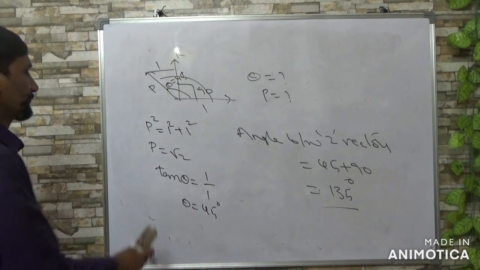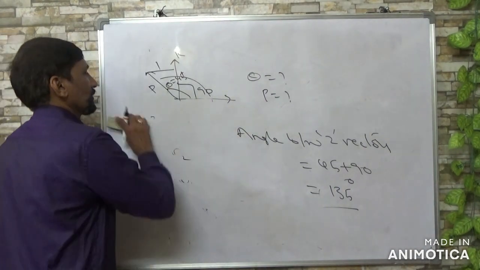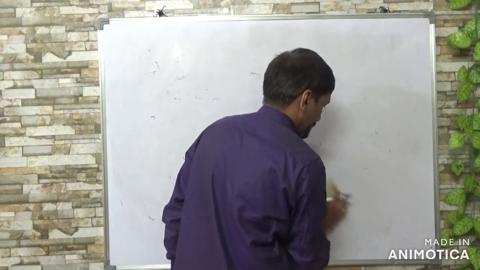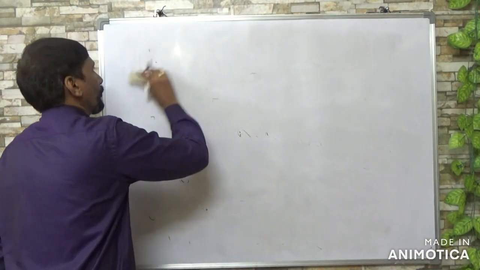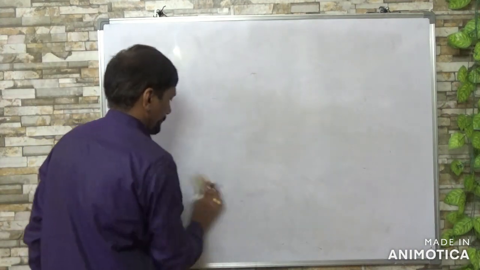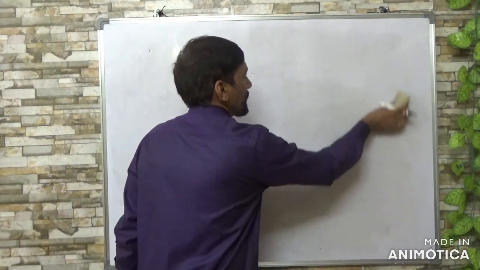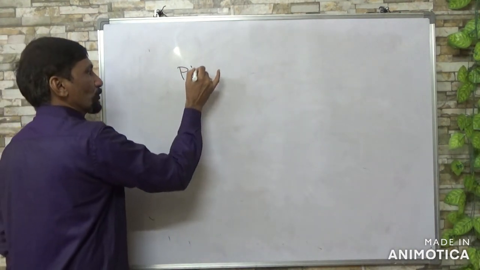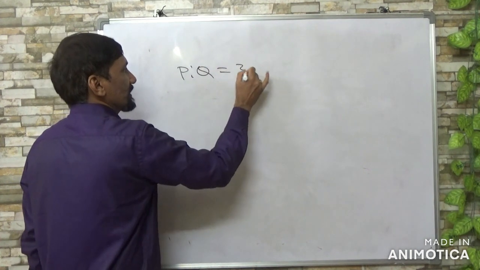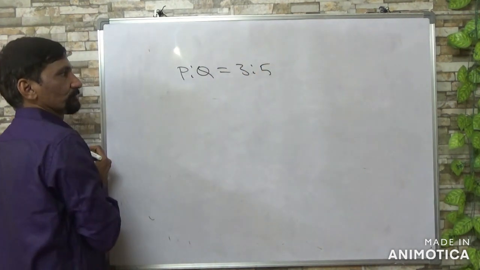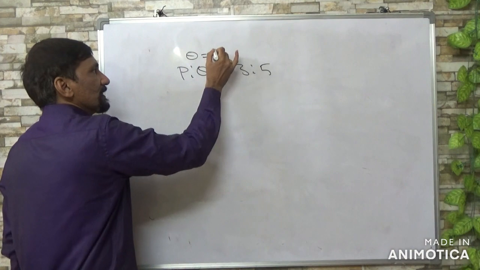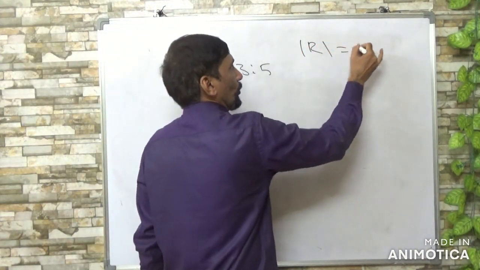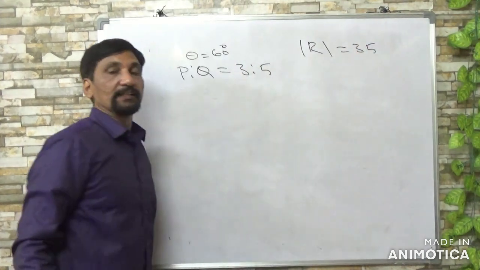Now suppose you are given a problem based on the formula. Two vectors P and Q, whose ratio is given: the magnitudes of the two vectors are in the ratio 3:5. The angle between them is 60 degrees, and the resultant is also known to you, say 35.